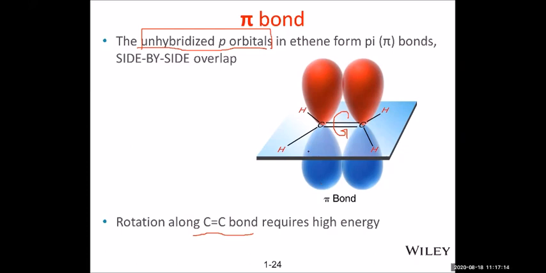This is the reason why when we see the cis and trans isomers, each isomer at room temperature will stay unaffected and will not easily rotate and convert to the other. Cis will remain a cis compound, trans will remain trans, unless we heat up the temperature to very high.